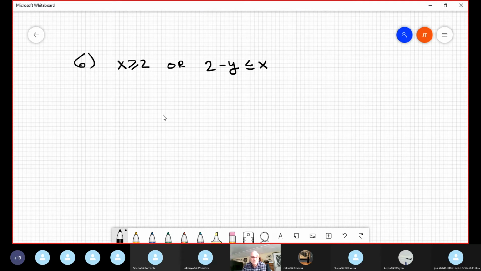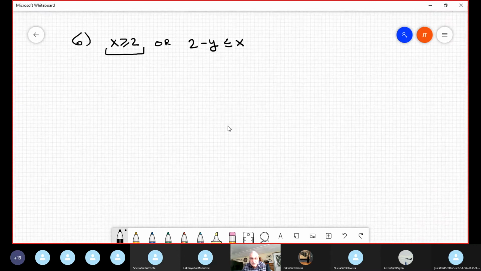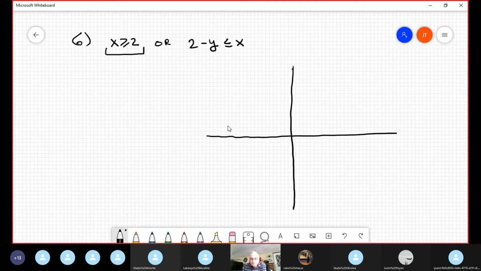Okay. This is easy because you don't need to manipulate anything. But let's see the graphic part of this. This is my rectangular coordinate system, and this is 2 here. 1, 2.